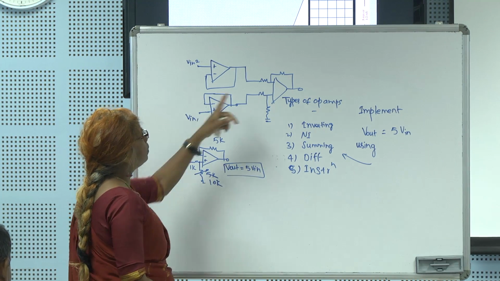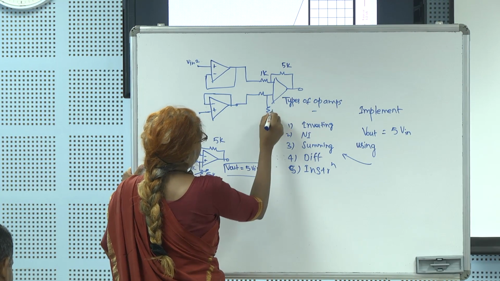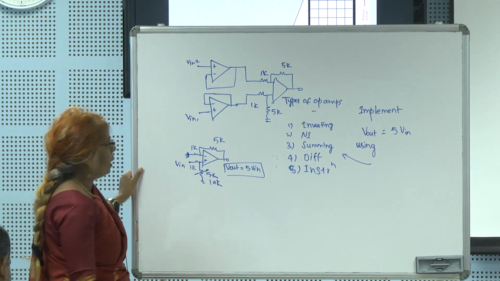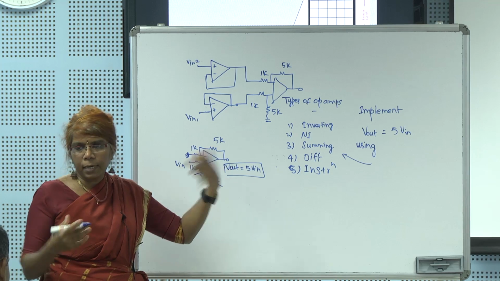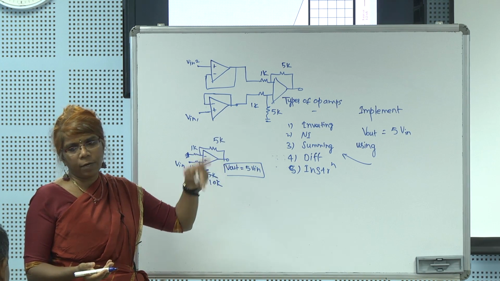Here I put 5k here, 1k here, 5k here, 1k here. What happens if I want to use this for some other gain, can we use it? No, we have to rebuild the whole thing.